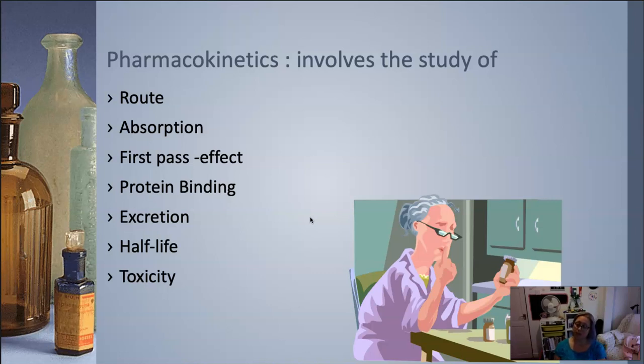The next thing that we've got to think about is half-life. Now half-life I'll go into in a little bit more detail in the afternoon seminar, but half-life is how long does it take the concentration of this medication to go down by 50% or to go down by half. So for example, if we start with something that's got 1,000 milligrams, how long would it take for that 1,000 milligrams to reduce by half to 500 milligrams?